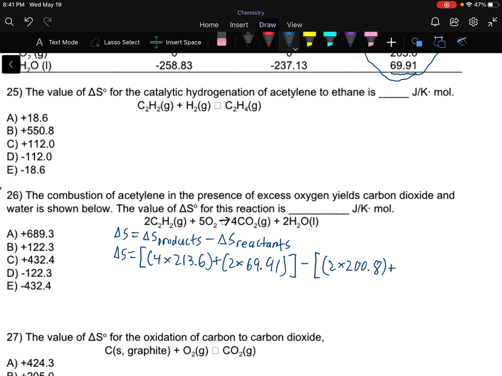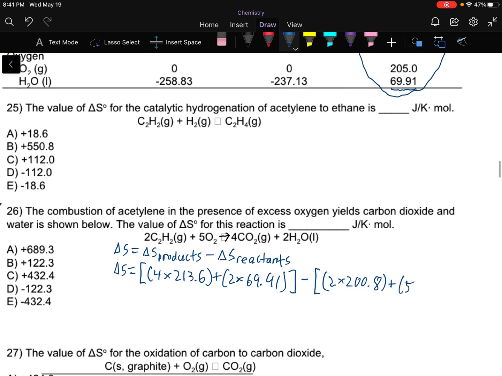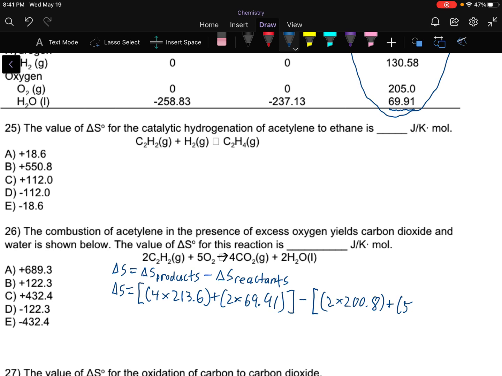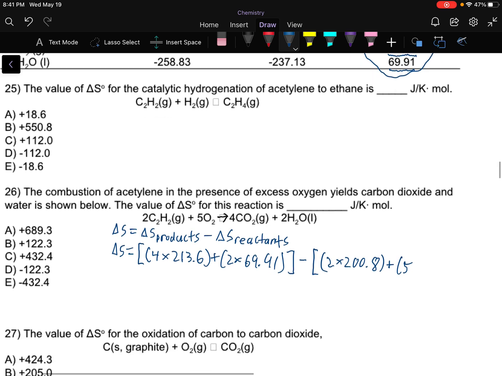Then plus, there's also 5 moles of oxygen. So that will be 5. Then for oxygen gas, we only need 205, so times 205. And that will be how you will set up your equation.